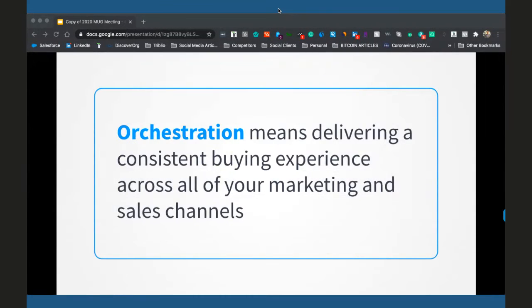All of that gets compiled into similar reporting that both sales and marketing can work off of, so that everyone knows we're all aligned because we're seeing the same data and working off of the same sheet music, for lack of a better term.